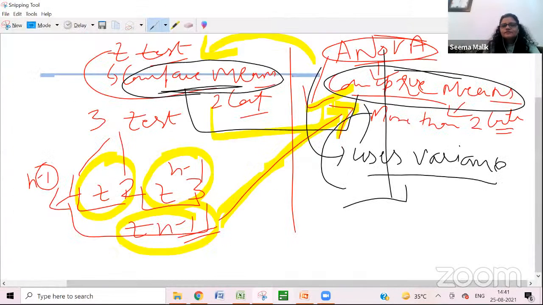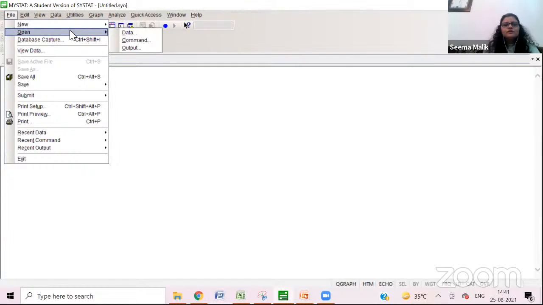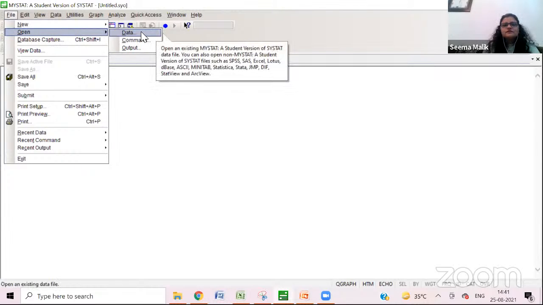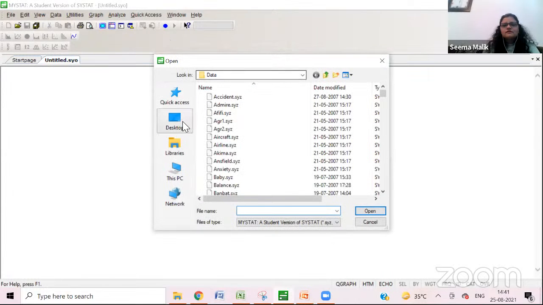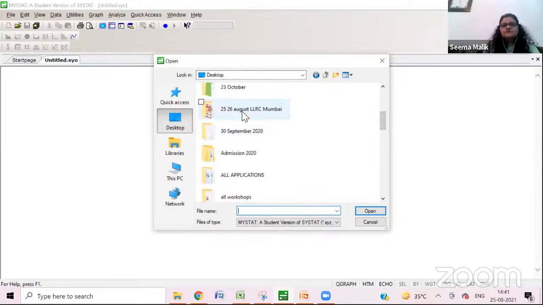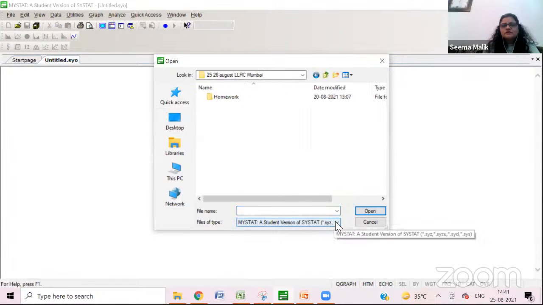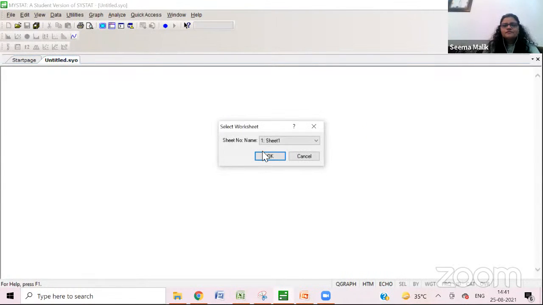And I am again attaching my ANOVA file, open data, Desktop, then I have 25, and click on all files. Then I have the example of ANOVA.